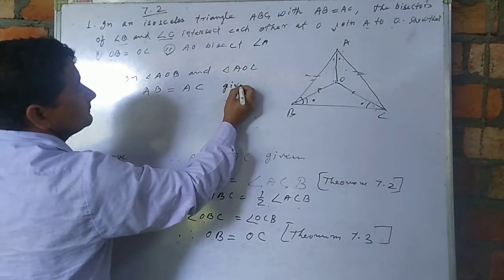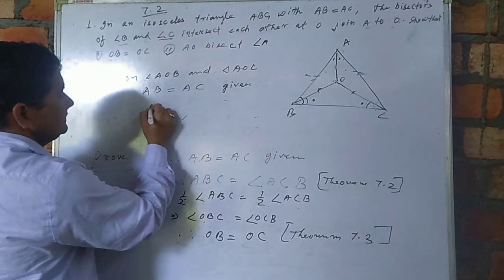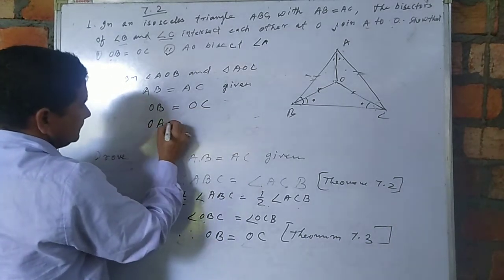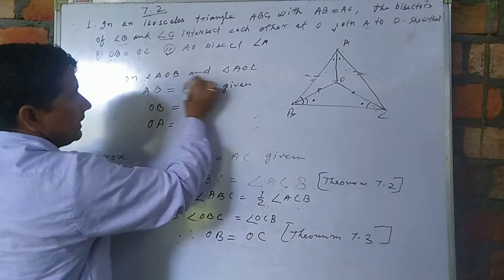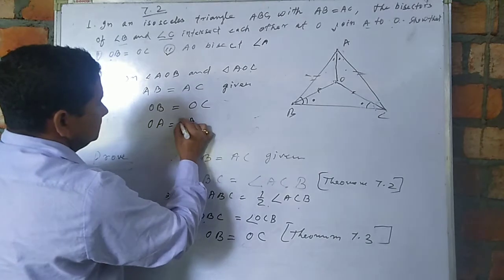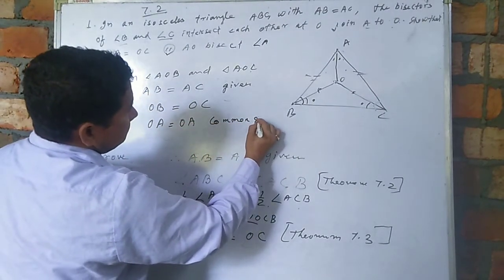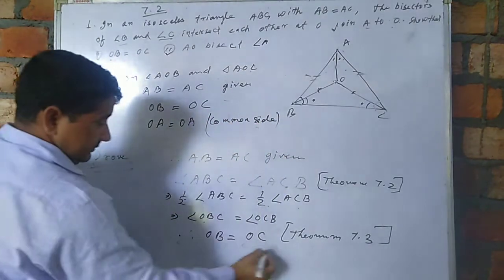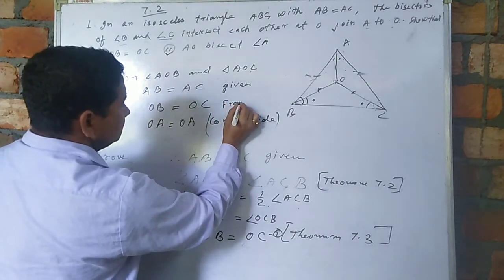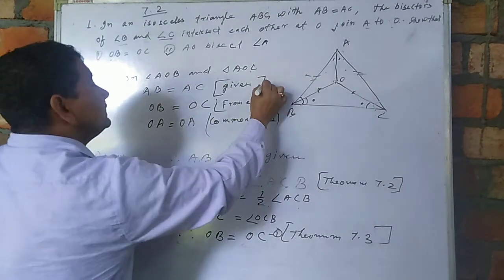OB is equal to OC, which we proved. Again, OA is the common side of both triangles AOB and AOC, OA is equal to AO. You can give the number 1 here, from equation 1.